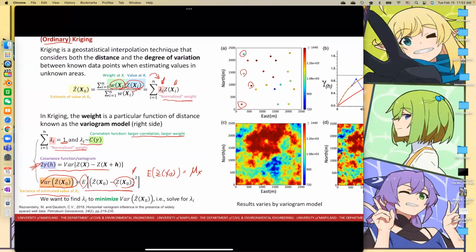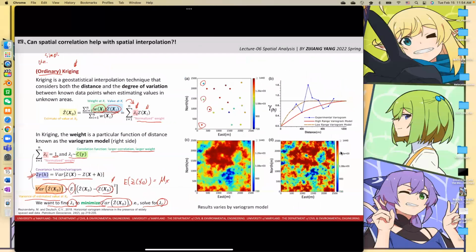So we have these 3 equations here, and we want to find the lambda i's, the different weights, that minimize the variance of this estimated value. This is an optimization problem, and we can solve for the different lambda i's.